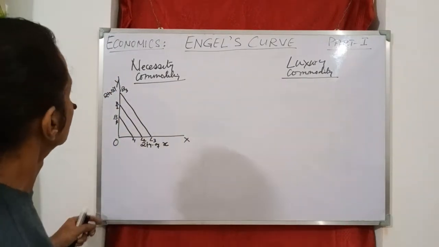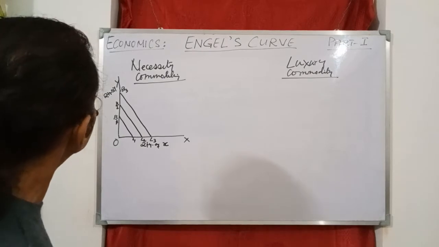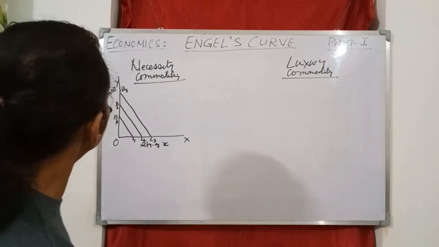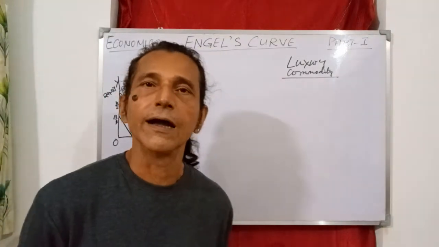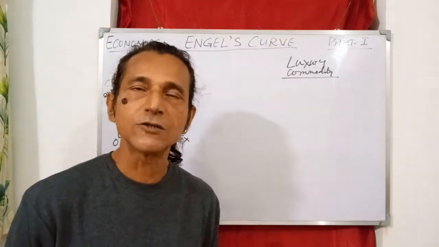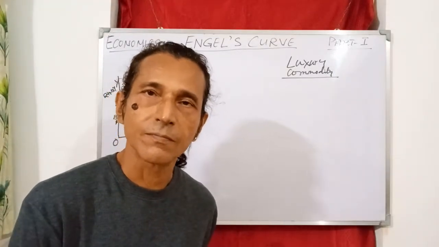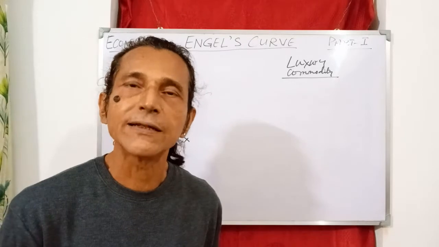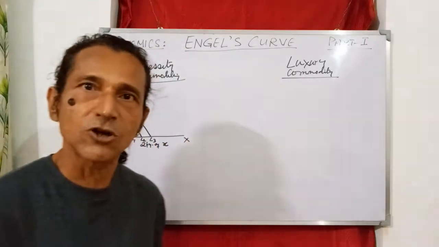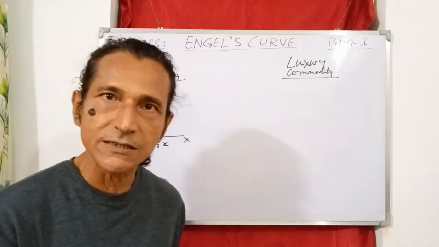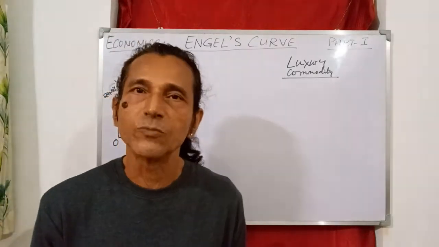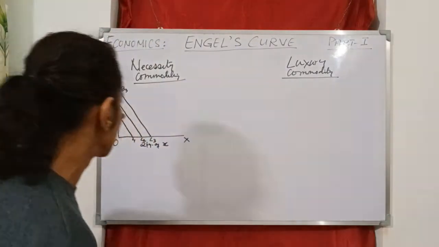Now we are going to draw the income consumption curve for a necessity commodity, and please remember, never try to draw the indifference curve beforehand. First determine where the points would be, then draw the indifference curve, that is, the points of tangency where the consumer reaches equilibrium.